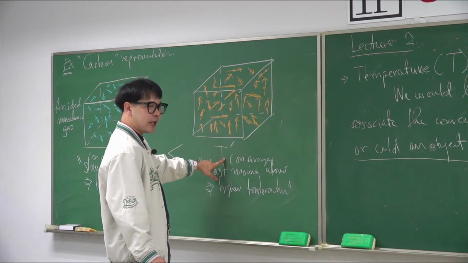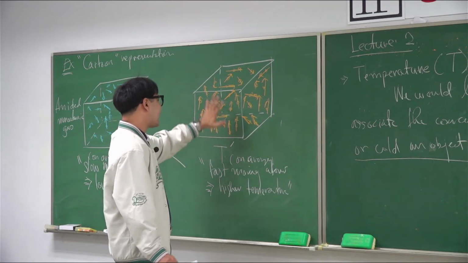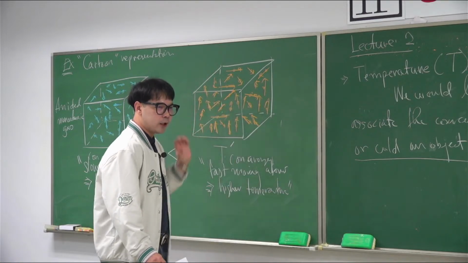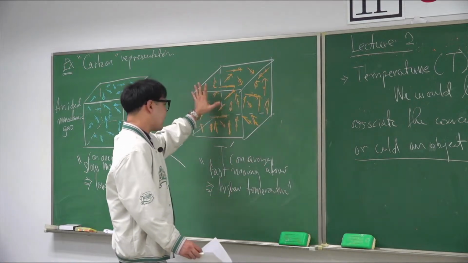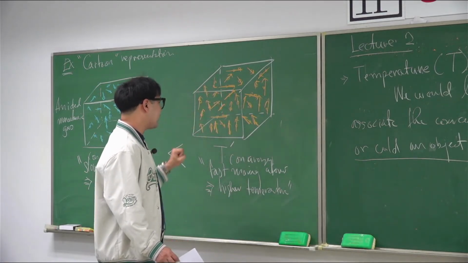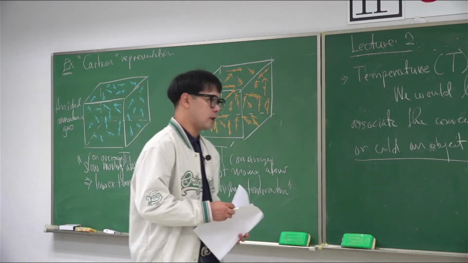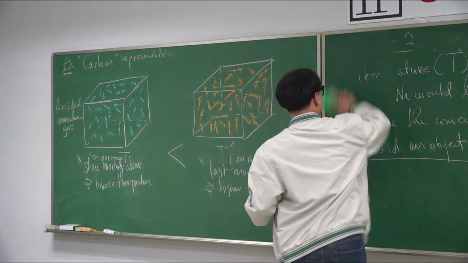This temperature relates to the average behavior of the moving molecules and atoms in this box. We will go deeper into the motion of these atoms when we study statistical mechanics.